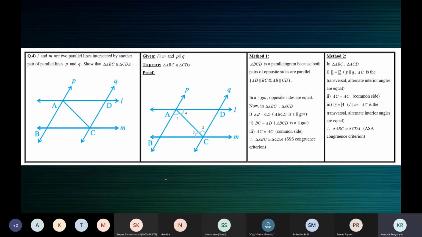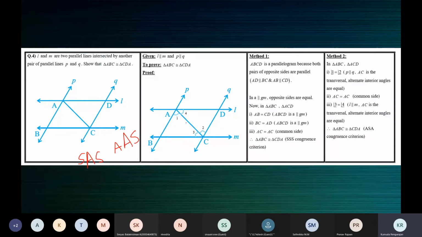All right, so I don't think it's wise to spend more time on this. So I leave it to you. You have to try to prove these two triangles are congruent under the SAS and the AAS rule. Except for the RHS rule, we can use all the rules.